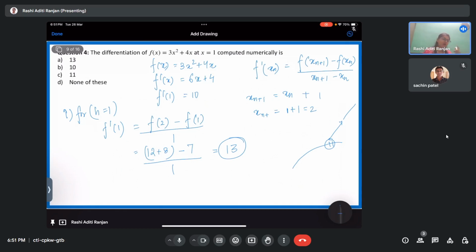Okay, so now I have to consider that this h should be a very small value, so I consider my h to be small.